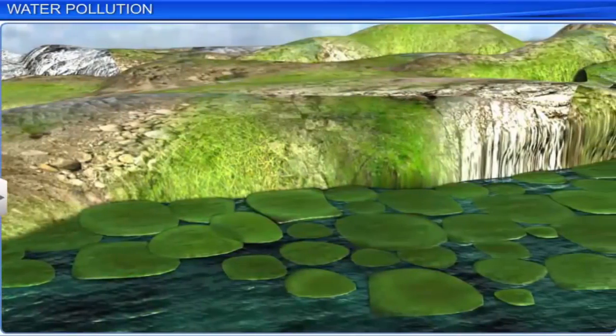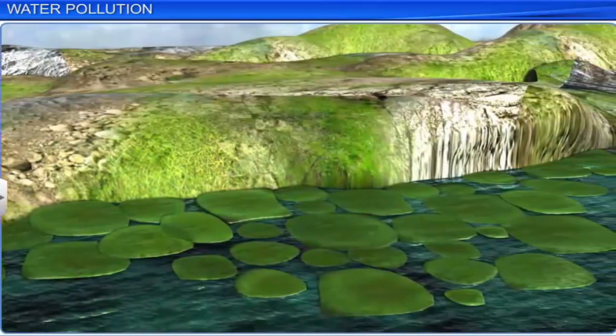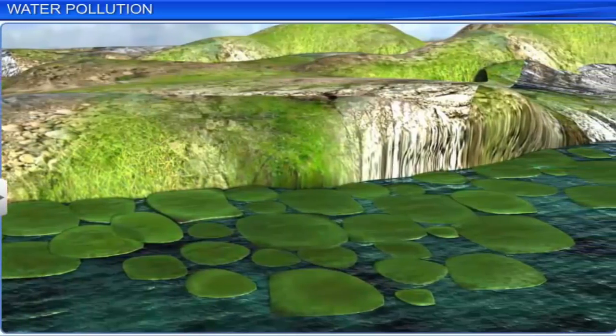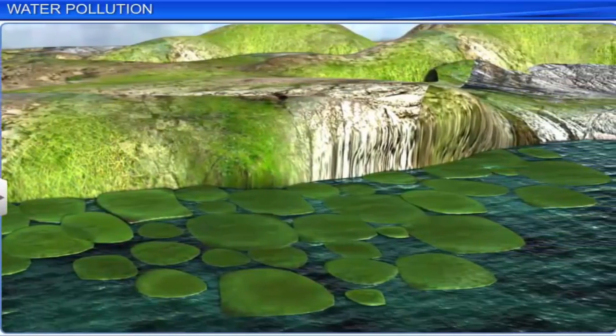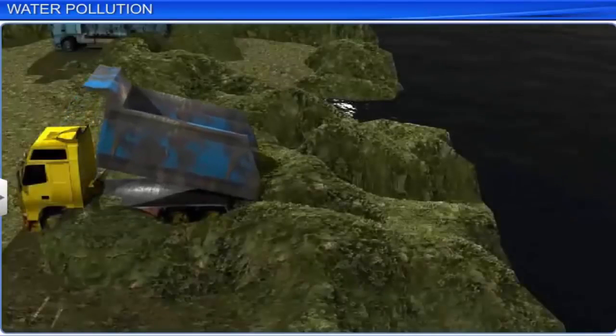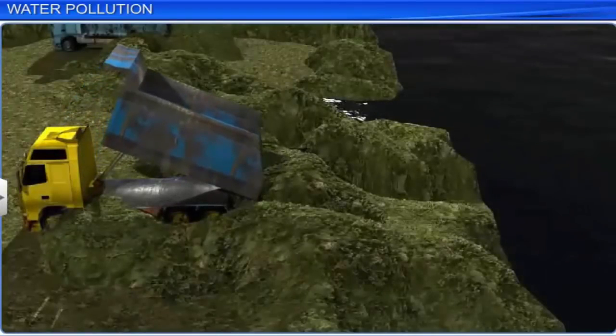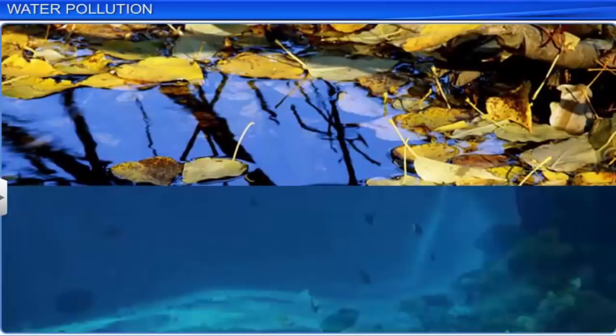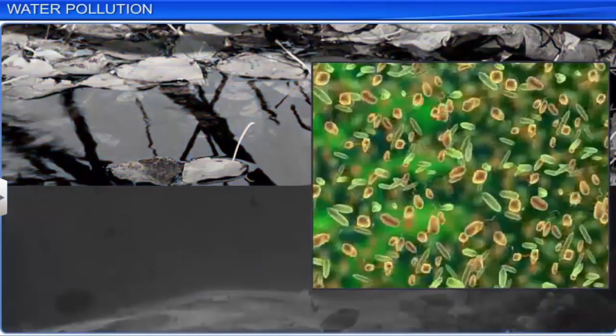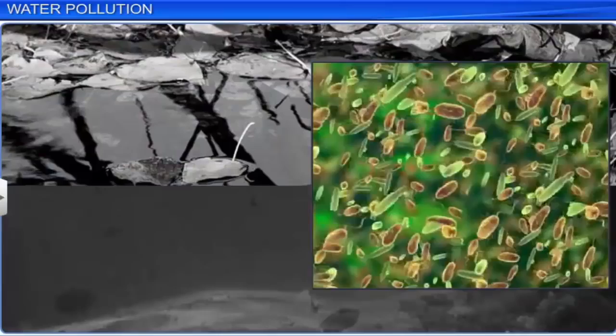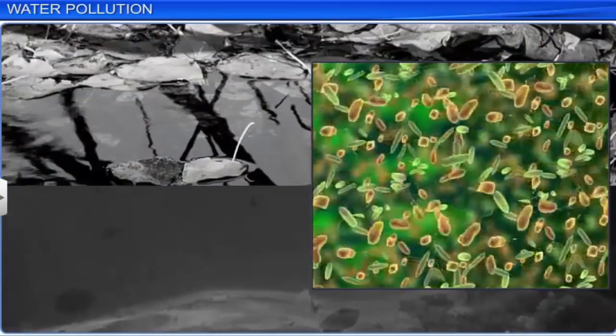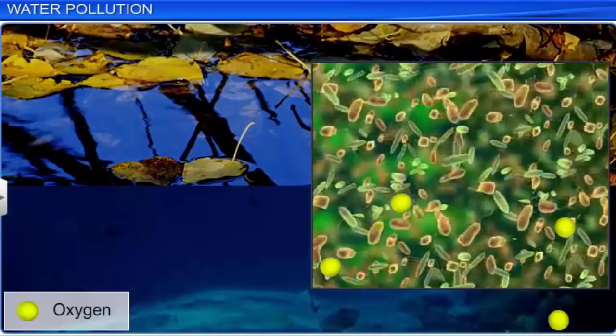Other causes of water pollution are excessive growth of phytoplankton and dumping of biodegradable organic waste such as leaves and grass. When these organic matters fall into water, bacteria decompose them. These bacteria consume the oxygen dissolved in the water.